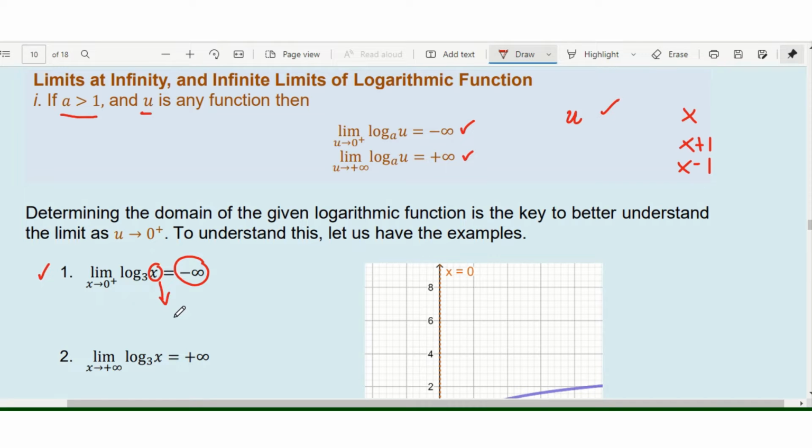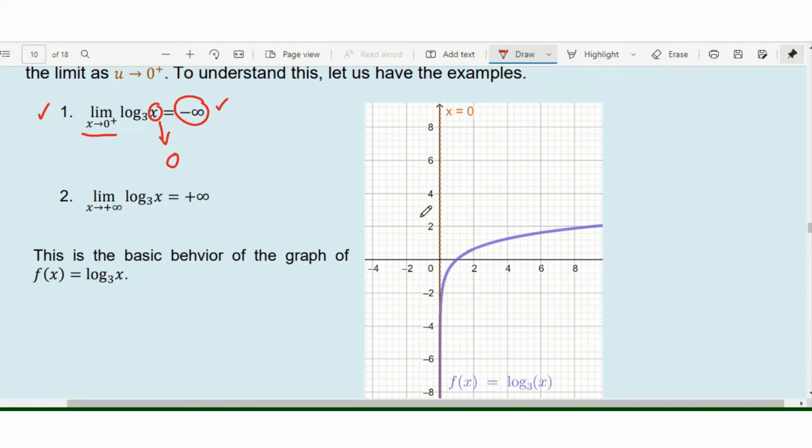However, it cannot take values from the left of 0 because that is not allowed. There is no such thing as logarithm of a negative number. Meaning to say, it is only limited to all values of x very close to 0 from the right. And when you observe the reaction of y, it keeps on decreasing without bound.